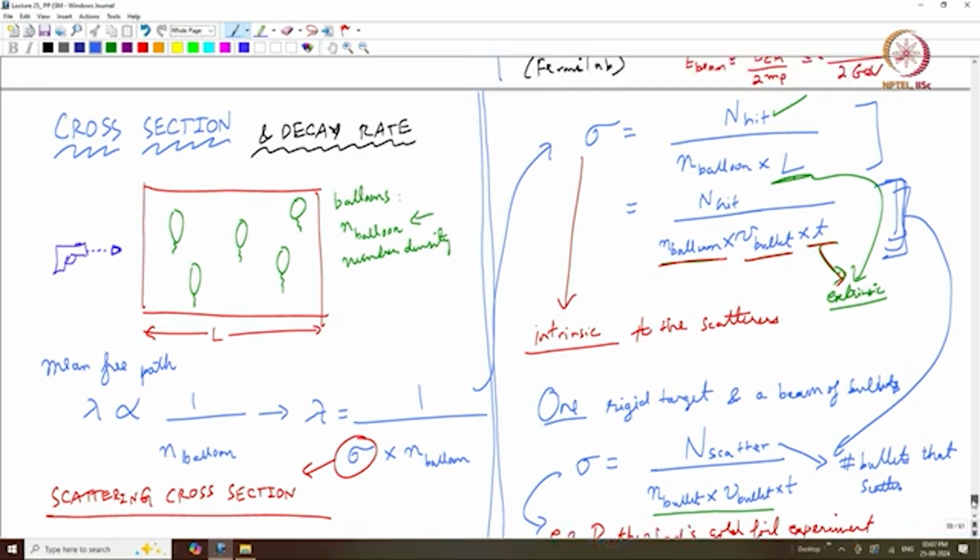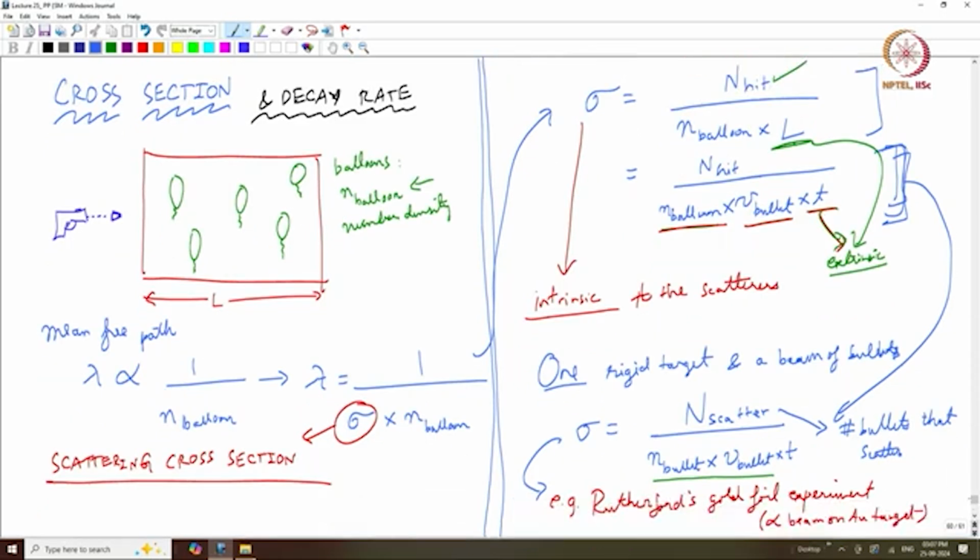And the important thing to remember is that the scattering cross section is not something that is determined by you, it is determined by nature, okay. It's a quantity that is intrinsic to the system that you are studying, the beam and the target. What you can do is to arrange the number density and the size of the detector and so on, and count the number of hits to measure this intrinsic cross section, okay.